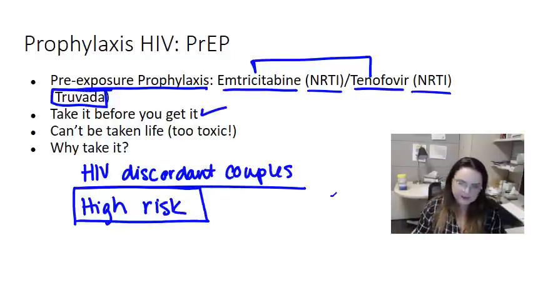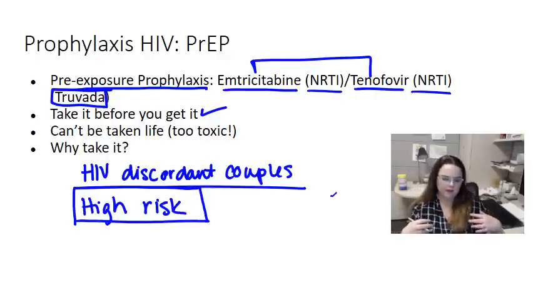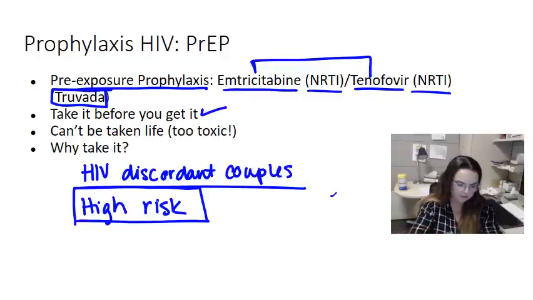There are benefits to this in that you can protect them from developing HIV. It's one of those cocktails that's largely supported by insurances. Medicare, I believe, and Medicaid currently support it because it's obviously a positive, right? There are some downsides to it.